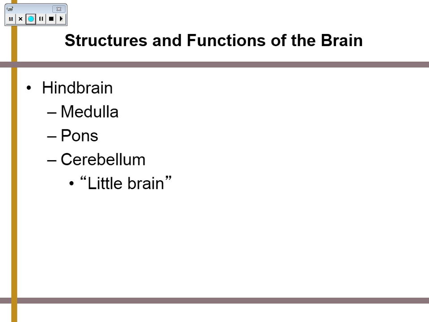Your pons is responsible for your hearing and your balance. And your cerebellum is like your little brain. It has a lot of functioning activity. One more time, or you got it? Medulla, breathing and heart. Pons, hearing and balance. Cerebellum, functioning activity.